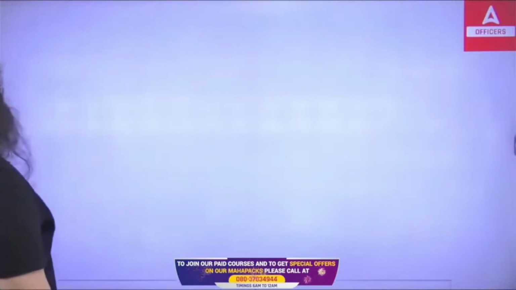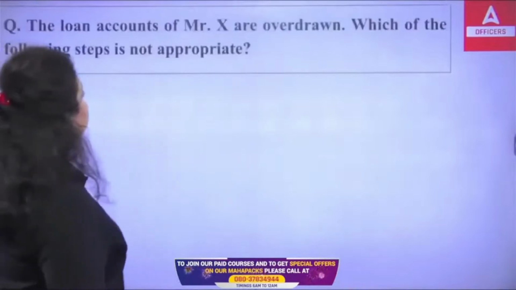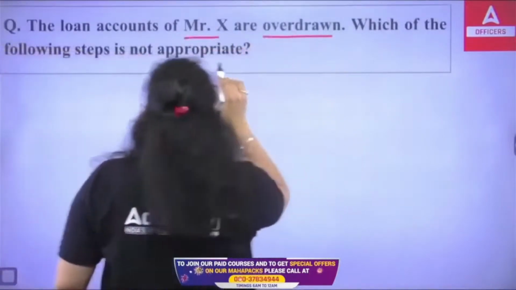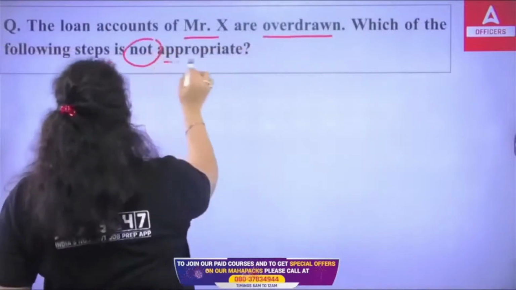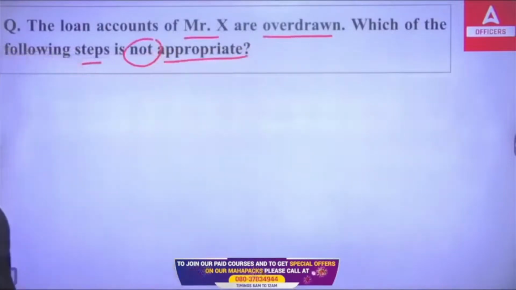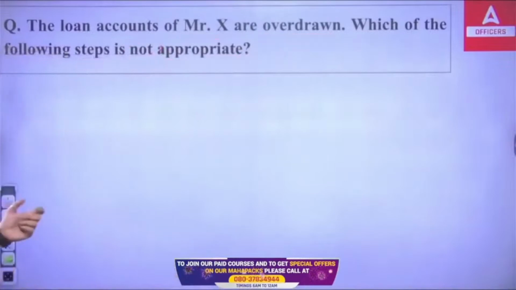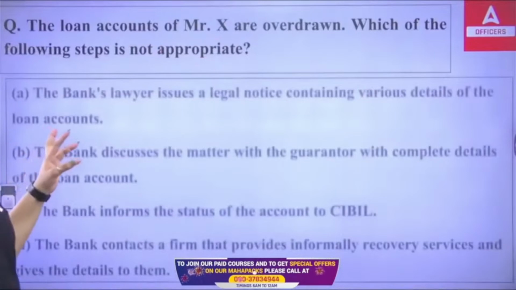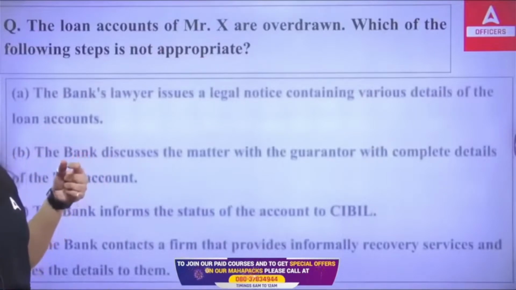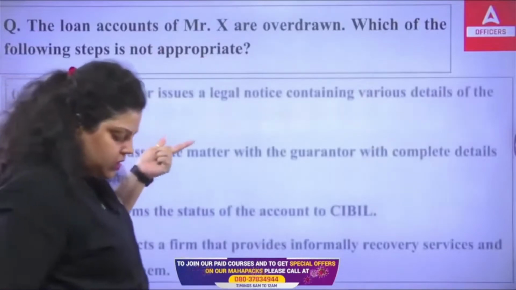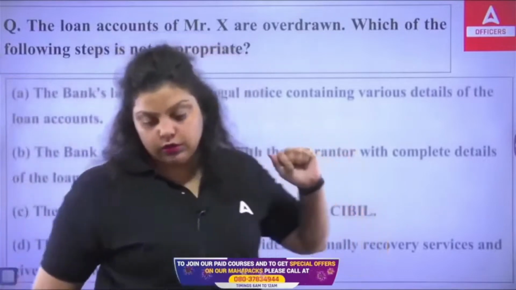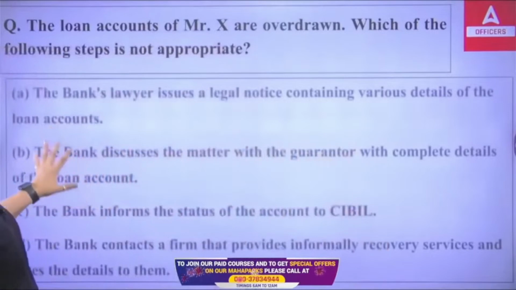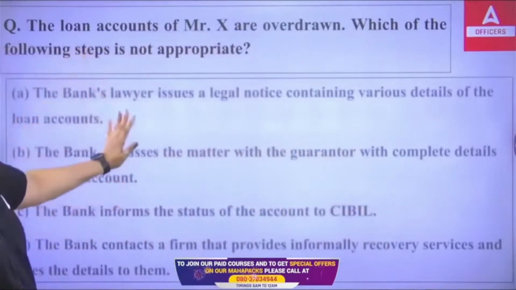Now, next question we have: the loan account of Mr. X is overdrawn. Which of the following steps is not appropriate to be taken? So Mr. X has an account in a bank, and that account has been overdrawn. As per the limit, you have overdrawn the amount of money from Mr. X's account. So which of the following cannot be the appropriate step?